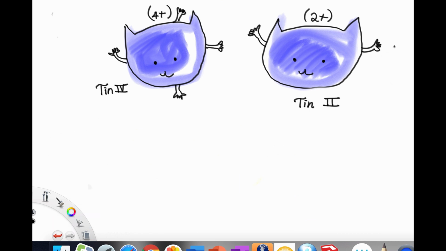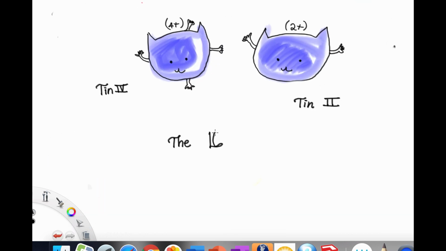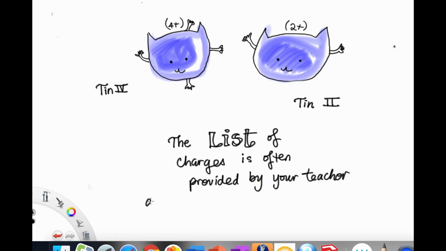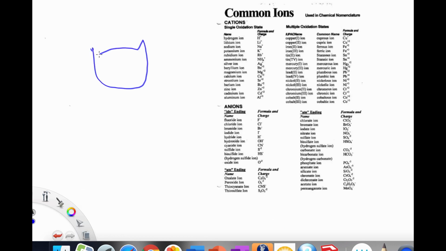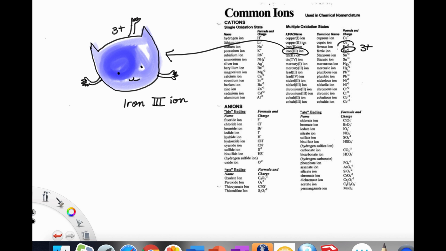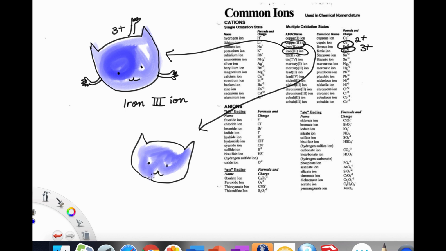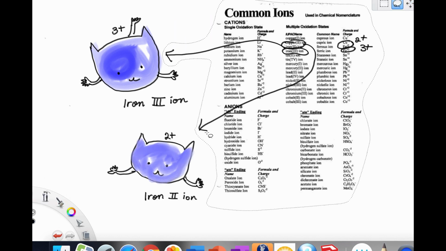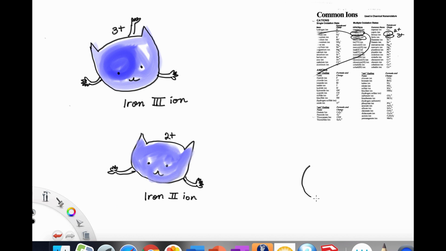And they're both tin, but there's two kinds of tin. So where do we find these charges? They're actually on the list of common ions. So we can look them up. Iron 3 ion, iron 2 ion is listed on this chart, which your teacher can give you.